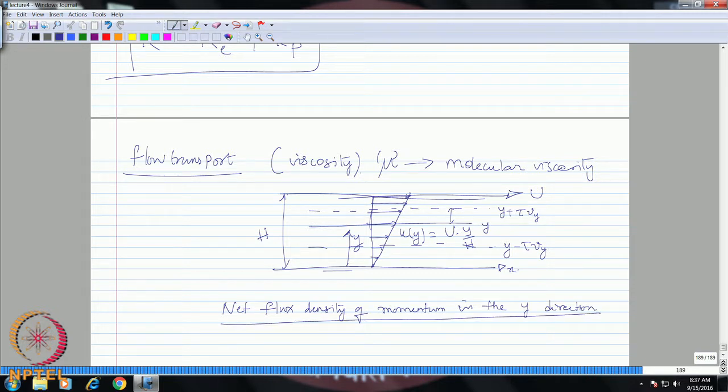So, what does the net flux density of momentum give for a fluid element? If you draw a fluid element and stress basically, okay. So, therefore, this net flux density will be nothing but your shear stress tau, okay.